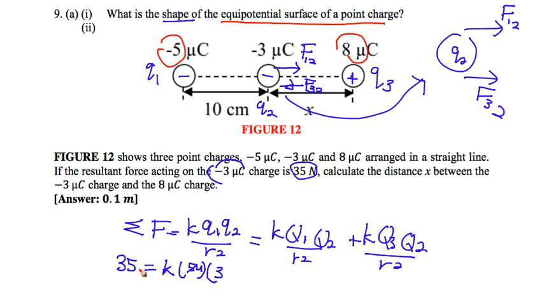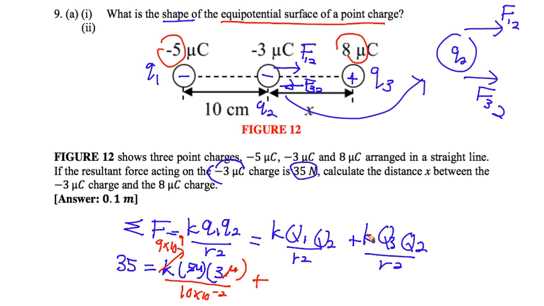So for the calculation, because the net force is 35 Newtons on q2, k is 9 times 10 to the power 9, q1 is 5 microcoulombs and q2 is 3 microcoulombs, divided by the distance here, 10 cm, converted to meters is 10 to the power of -2, squared.